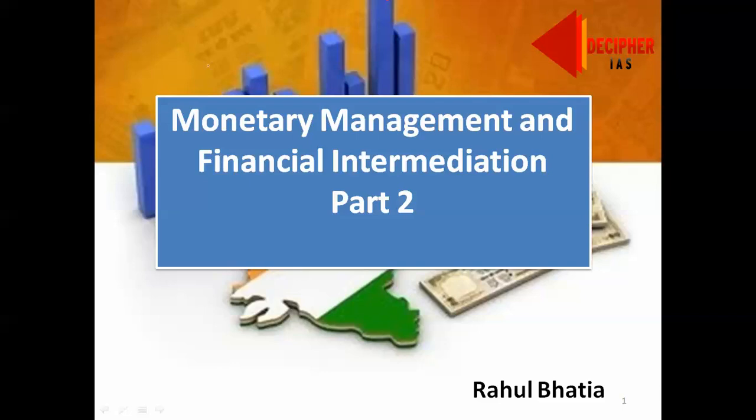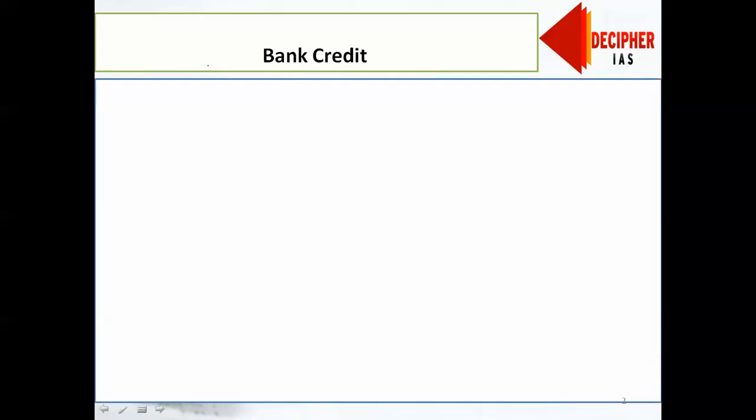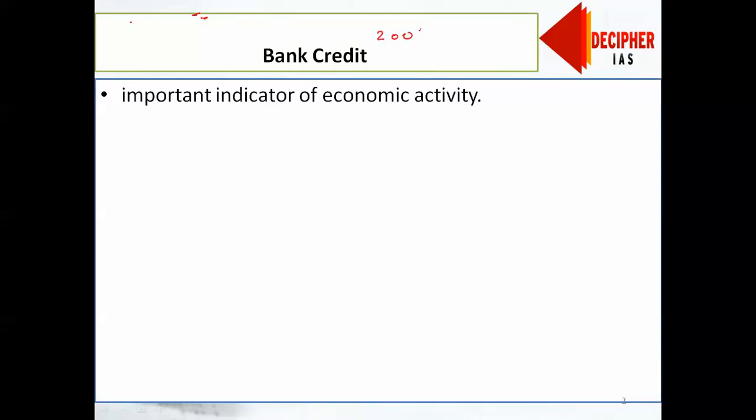So let's move ahead. Now, what do you mean by bank credit? Bank credit is, obviously, the loan provided by the banks to the customers. Bank credit is an important indicator of economic activity. The high growth observed in 2003 to 2008, we observed very high growth in lending.